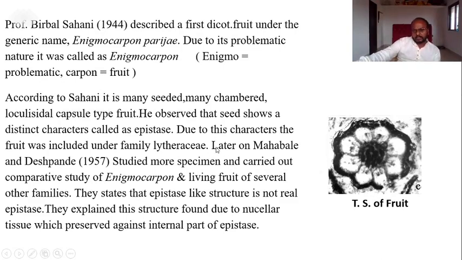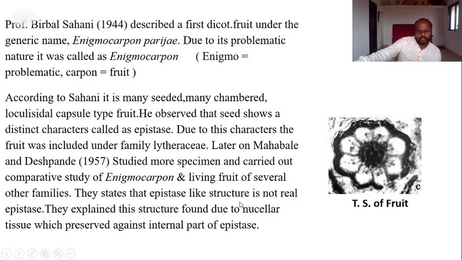Due to this character the fruit was included under family Lythraceae. So the epistase-like structure is present in the seed, and therefore Birbal Sahni kept this fruit under family Lythraceae.